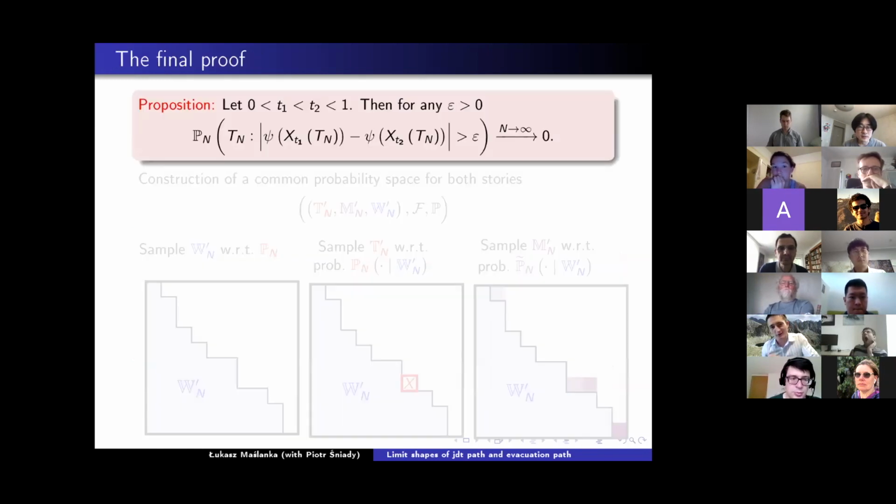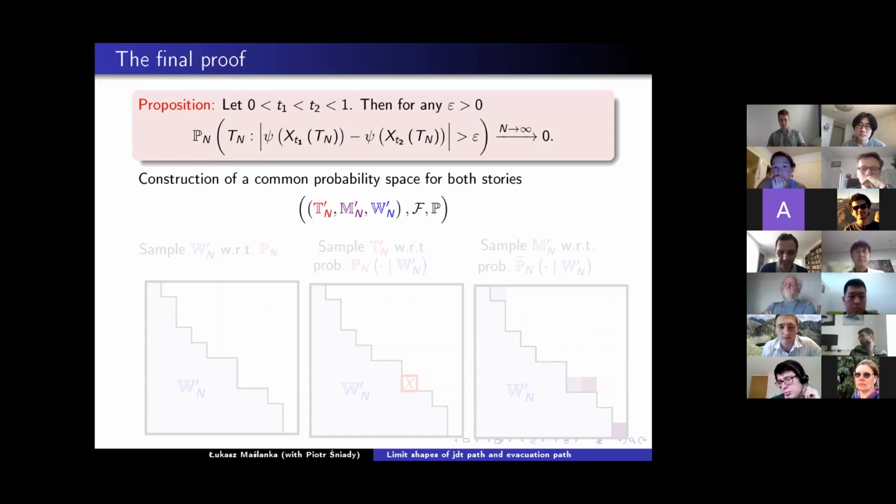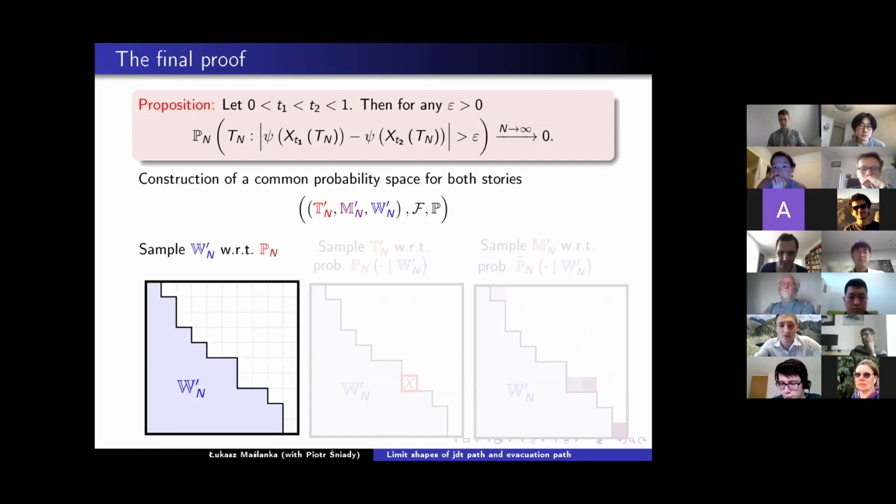So, going to the final proof, so that the longitude at two moments of time doesn't change a lot, we should link these stories of the multi-surfers and the single surfer into one. So we construct the common probability space in the following way. First, we sample the water, which will be the same for both stories, for example with respect to the probability for the single surfer story.